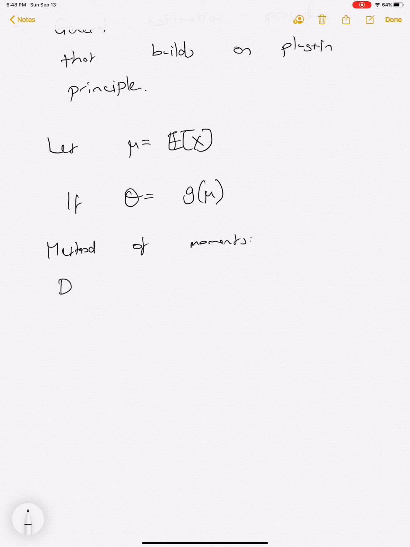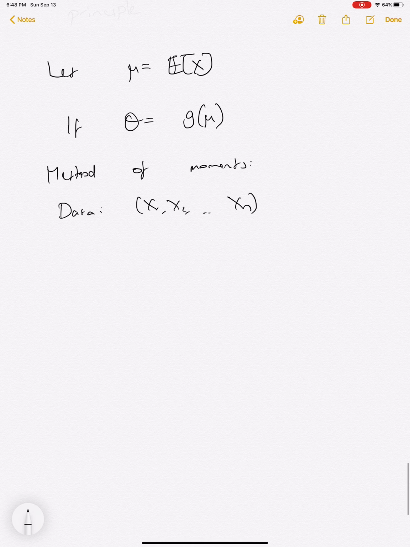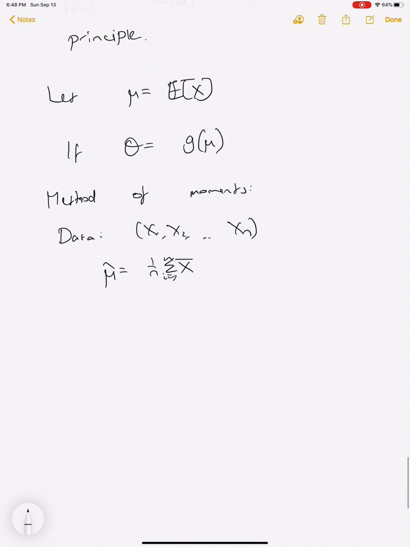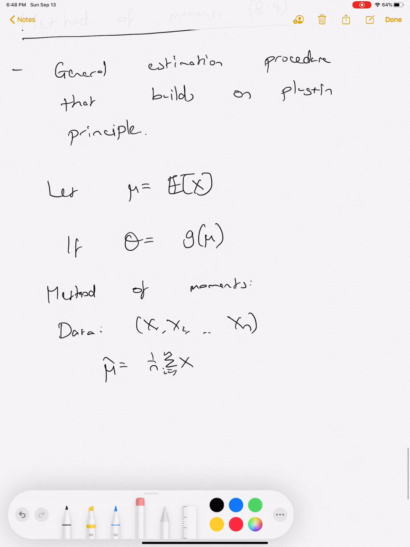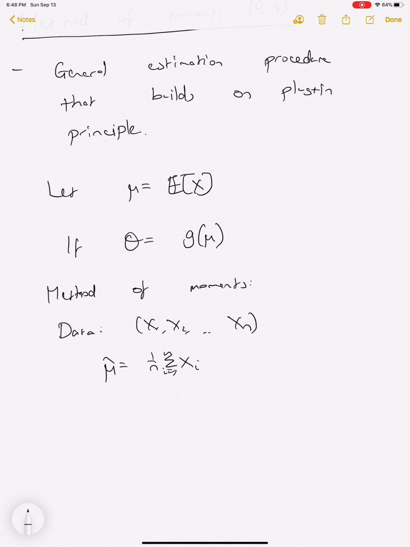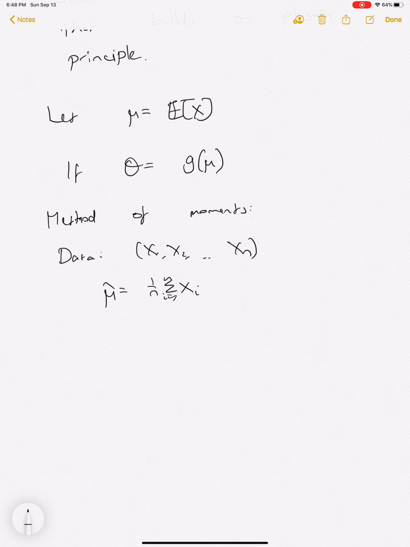If your data here is x1, x2, up to xn, then we know that mu hat is equal to 1 over n times the summation of xi, which equals x bar.